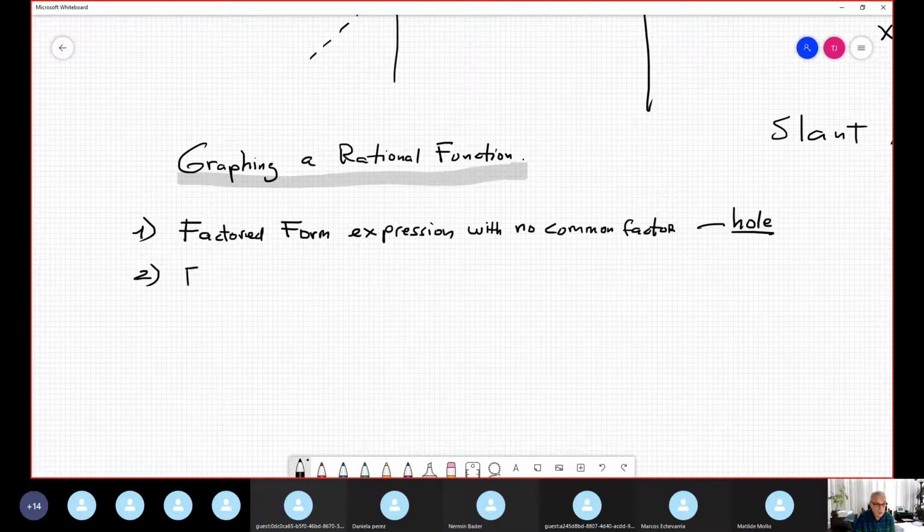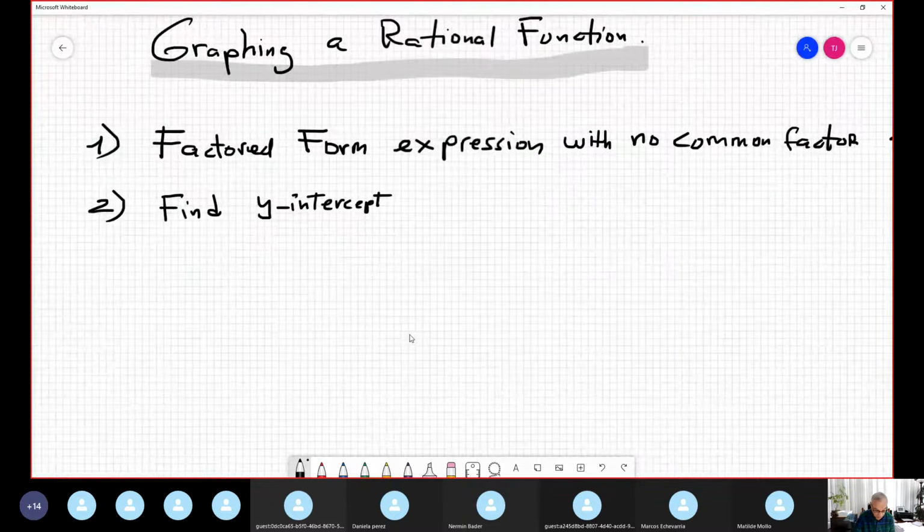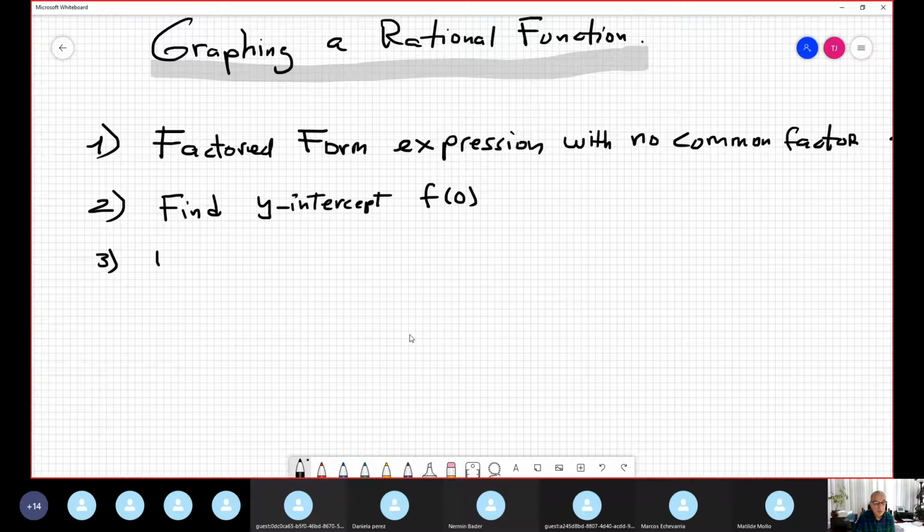Step number 2 is find the y-intercept. What is the formula of the y-intercept, professor? Oh, well, it's easy. You evaluate the function at 0. This is the formula that you need to remember. Now find the x-intercept, because this is an important point in any graph you are doing.